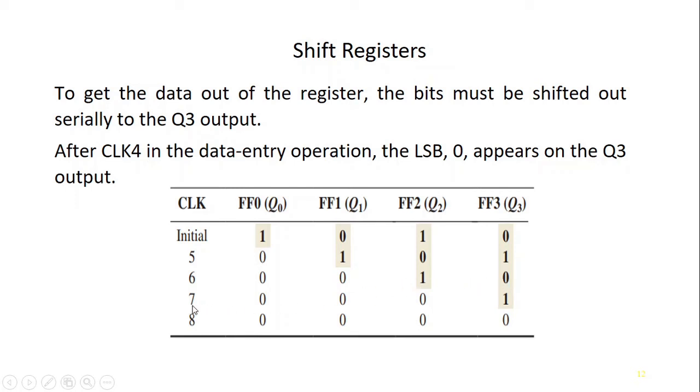In clock pulse 7, FF3 has the value 1, FF2 0, FF1 0, FF0 0. At the 8th clock pulse, all the bits are shifted out, and the register contains 0000.